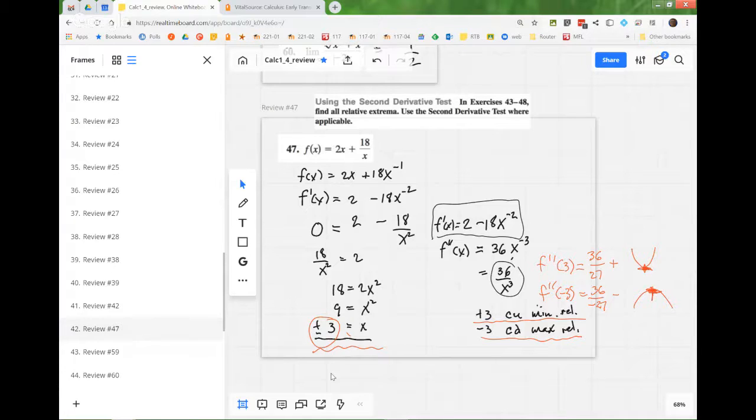Positive first derivative, increasing. When it comes to concavity, if you needed to do concavity, then when you find your extrema, you're going to have to plug them into the second derivative.